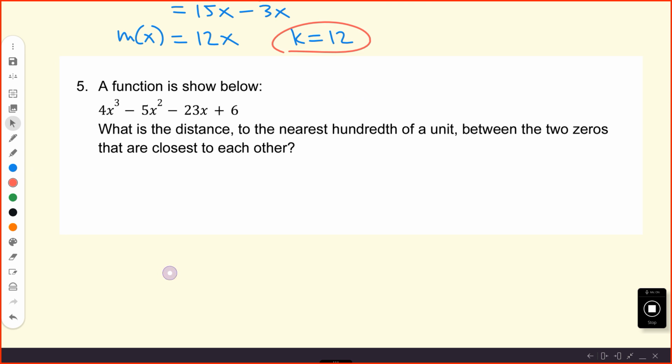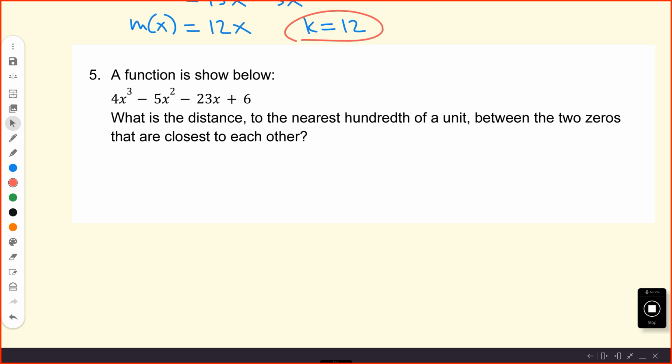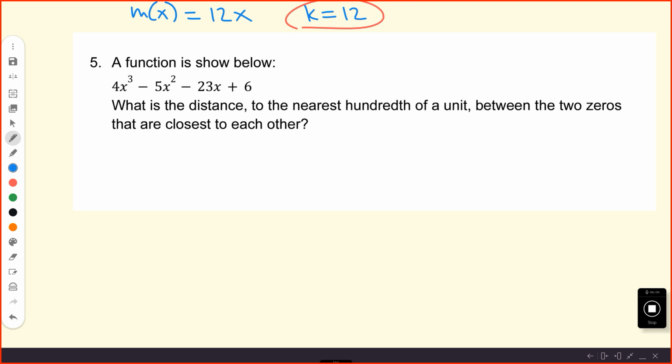So how do you factor such a polynomial? We're going to group. Or if after you group it cannot give you common factors, then we try splitting some of the terms so that we can group it another way. Let's try the regular grouping first: 4x cubed minus 5x squared plus negative 23x plus 6.